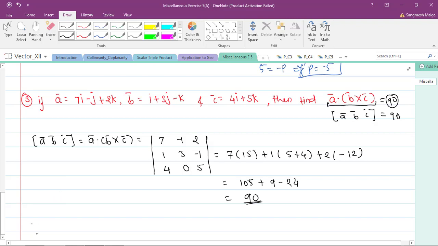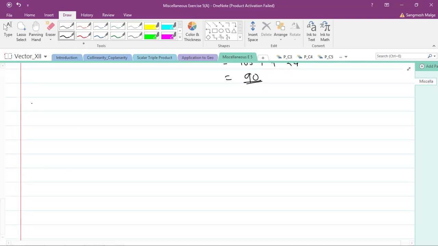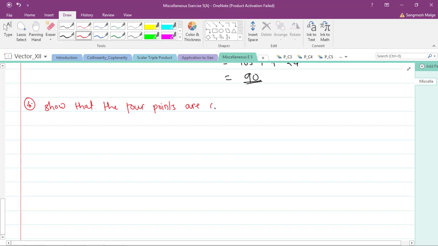Question number 4 is like this. Show that the 4 points are coplanar.